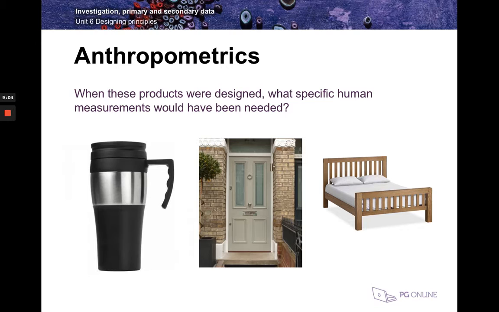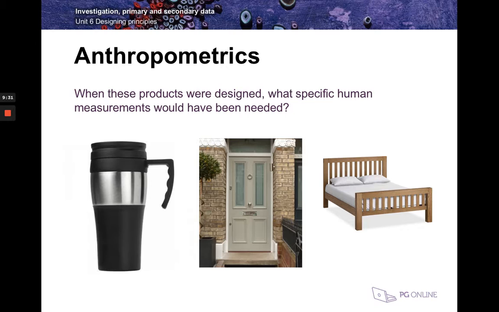Now, if you're thinking about the door in particular, then the average human would be a great thing to think about. The average human would want to be able to get through that door. However, not everyone is average. You know me, I'm a small human. You have tall humans. If they design the door for the average human, then tall people would have to stoop, which isn't ideal.